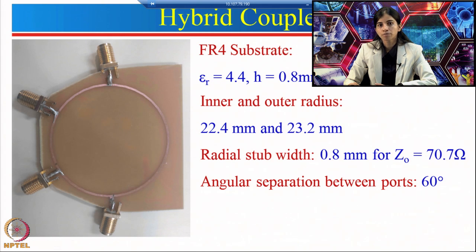So you can use a simple line calculator and from there calculate the inner and outer radius. Here the stub width is 0.8 mm, that corresponds to 70.7 ohm. How does this come? For that you can refer to the theory of the rat race coupler. This particular impedance calculation was told to you in the previous lectures.